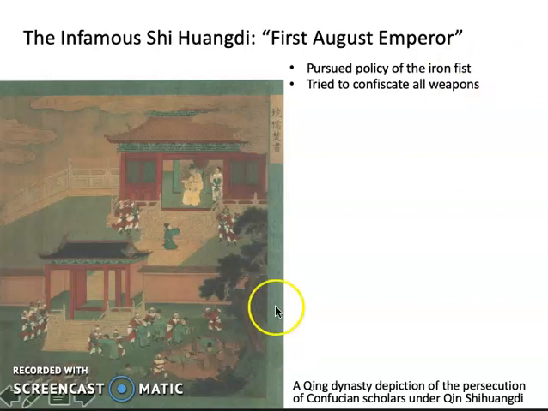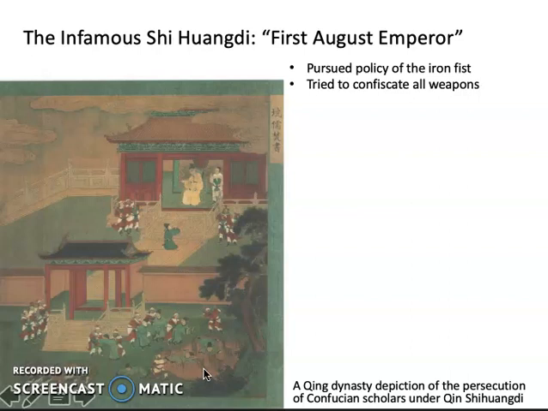And as an example of that, here's a painting. It was not made during his lifetime. It was made in the later Qing dynasty, so 1,000 years later, basically. But what it's showing is the emperor having his henchmen, his soldiers, take begging Confucian scholars, they're all in green here, and throwing them in a pit to be buried alive.